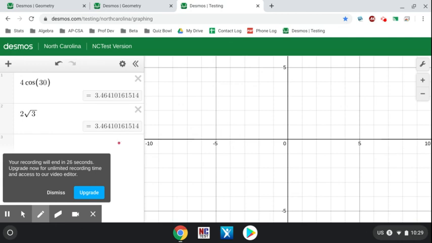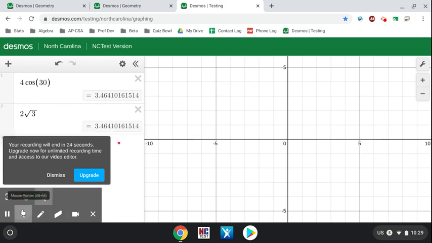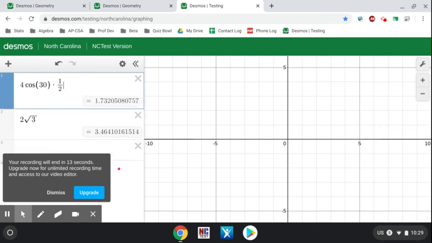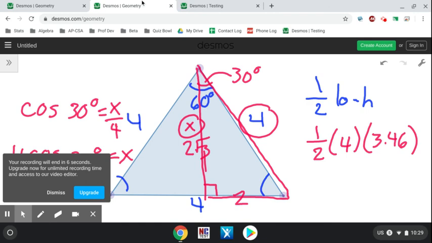I just take my value there, multiply that by 1/2, and then times my base, which is 4. I'm going to get a decimal of 6.93. So your approximate area of this triangle is 6.93.